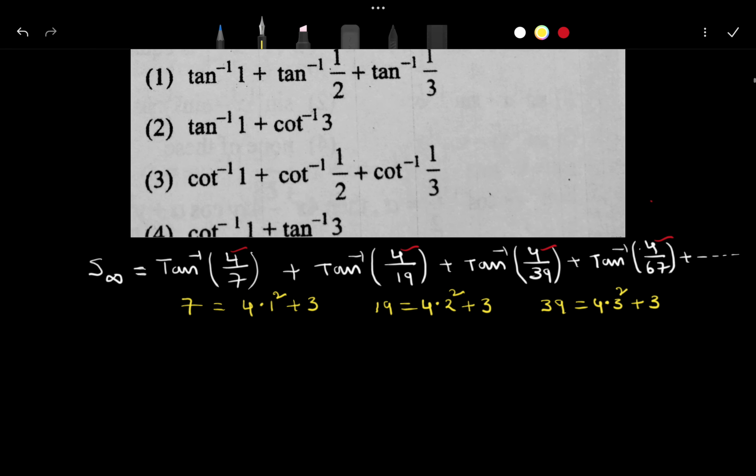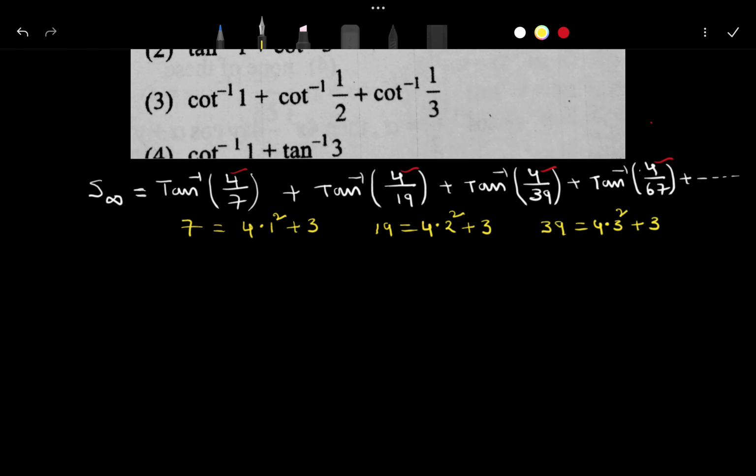The general term T r is equal to tan inverse of 4 divided by 4 into r square plus 3.